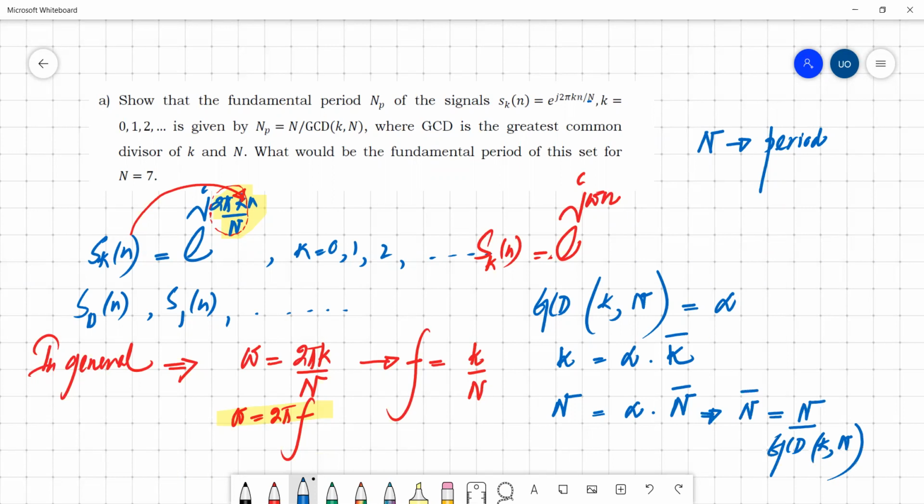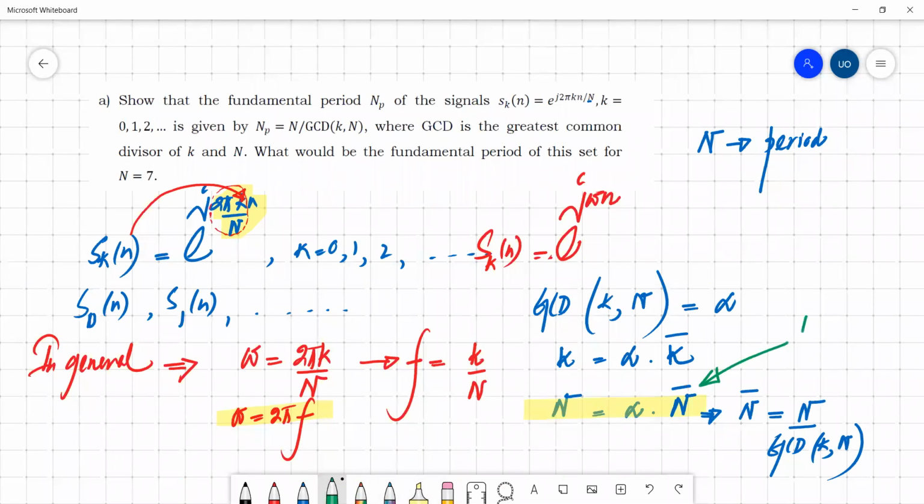Normally, if it is a fundamental period for the series of signals, we should be able to represent this as this. So N' would actually be the fundamental period.